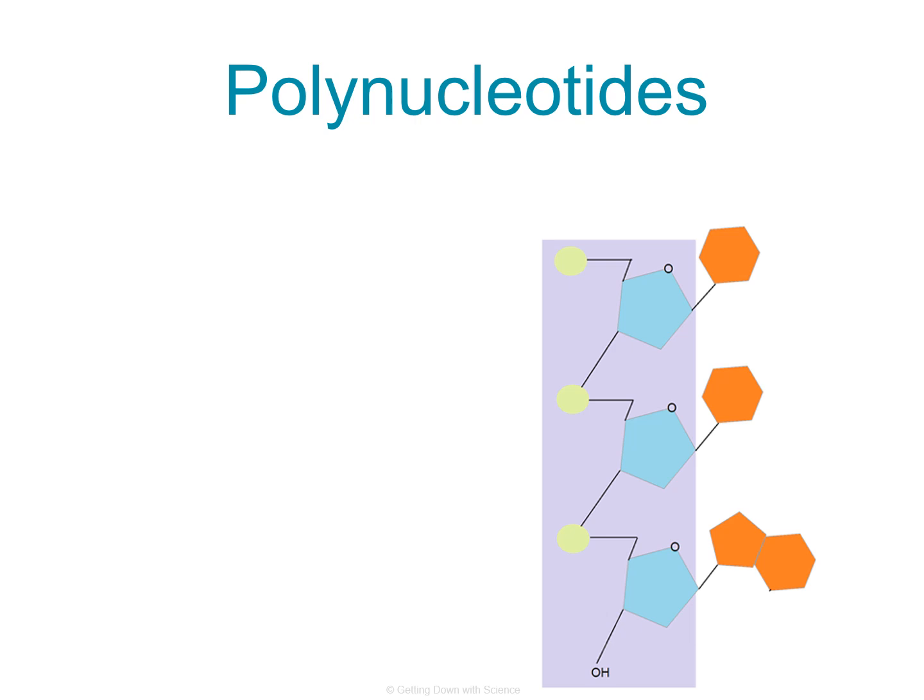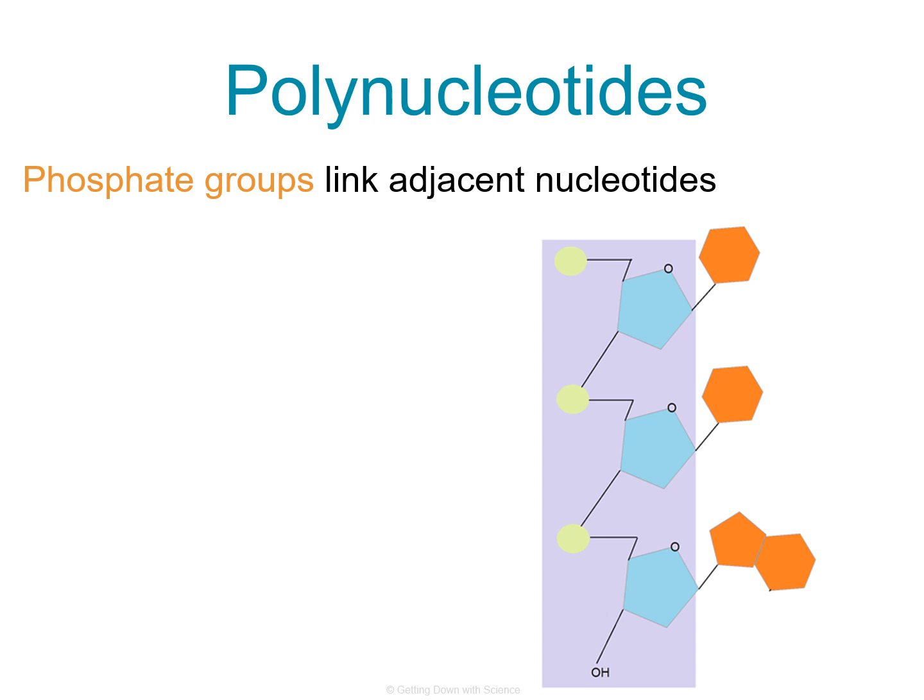Once we start binding them together, we're going to get these polynucleotides. These are phosphate groups that are linked to adjacent nucleotides.